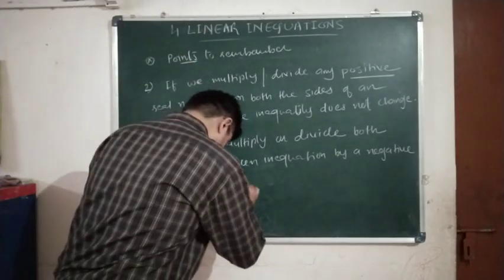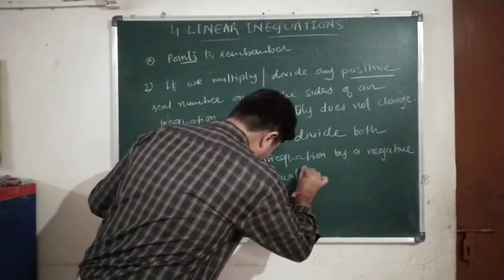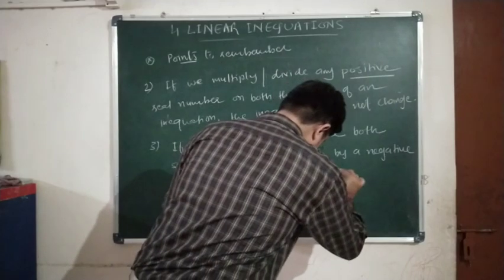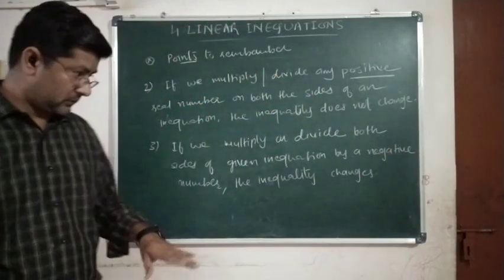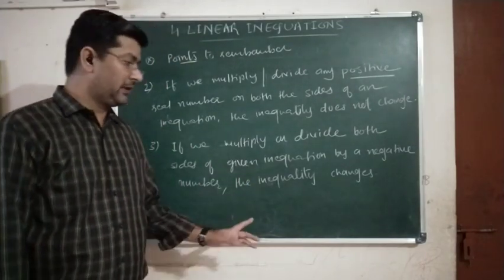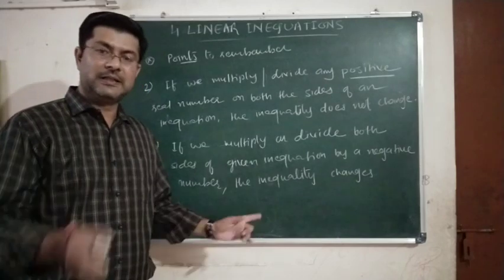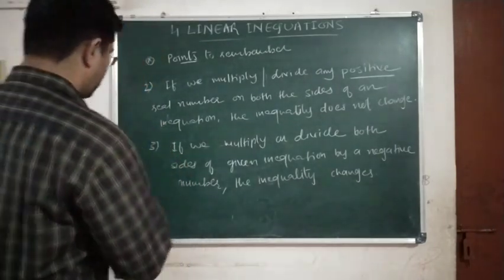Yes or no? The inequality changes. Okay, so suppose you are multiplying both the sides by any negative number and the inequality is less than, then it will become greater than. Let us try to understand with the help of an example.